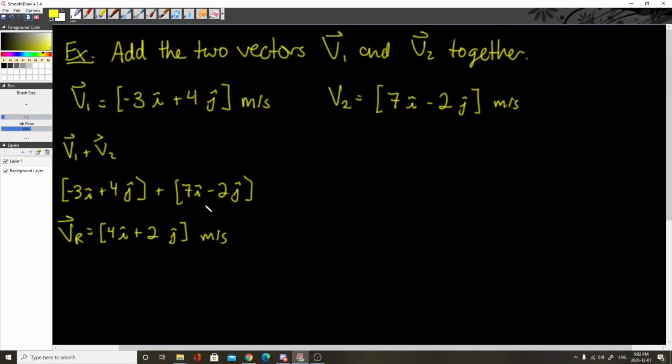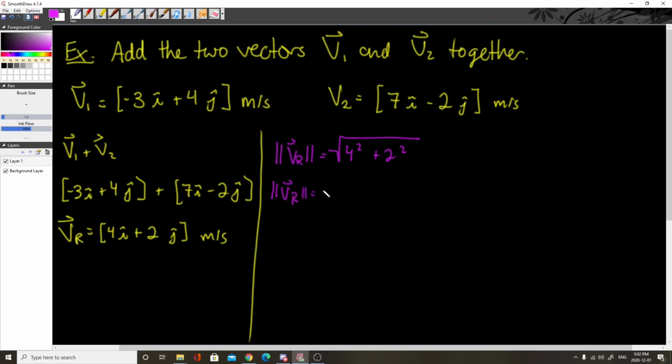So now let's go ahead and find our magnitude. We'll do that in a different color. So the magnitude of our resultant vector is the square root of 4 squared plus 2 squared. Now, when we go ahead and do the squares, we'll find that 4 squared is 16, and that 2 squared is 4.